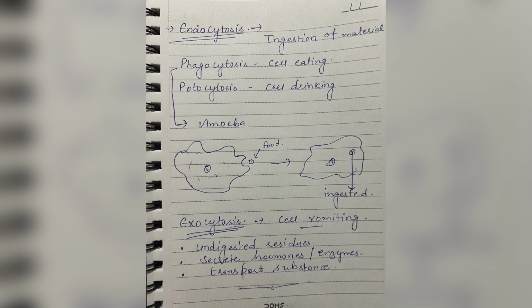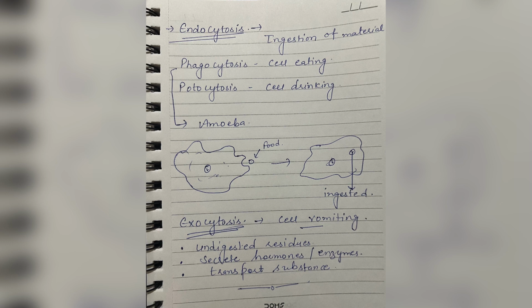The solid food material near the amoeba's membrane or pseudopodia is engulfed and ingested. Then digestion of that food occurs inside the body, and after digestion, the waste material is removed from the outer membrane, that is the pseudopodia in the amoeba. This is an example of phagocytosis, how the amoeba takes in food.